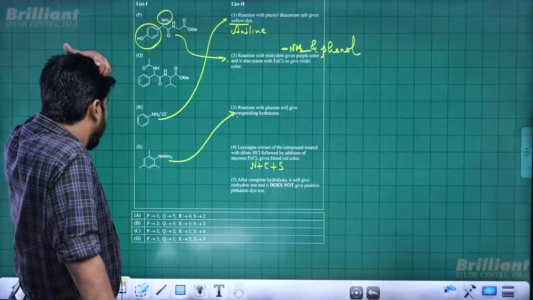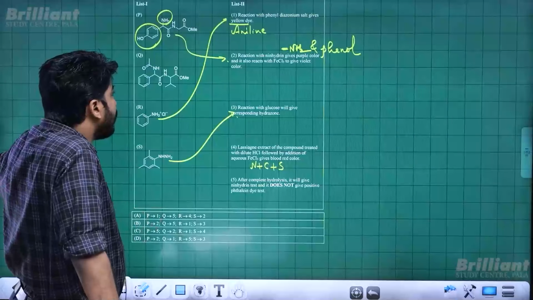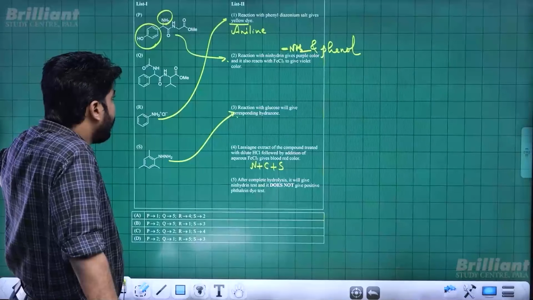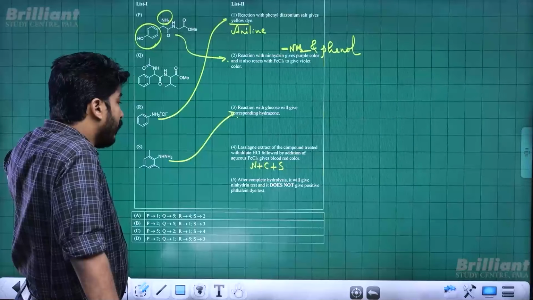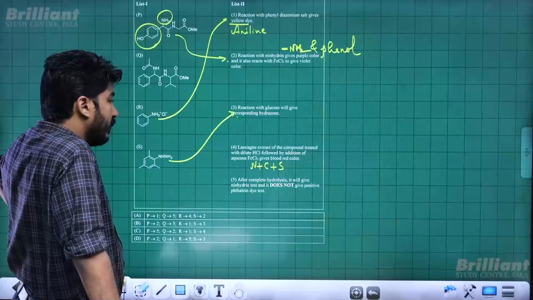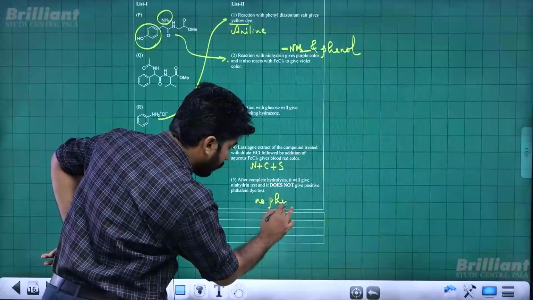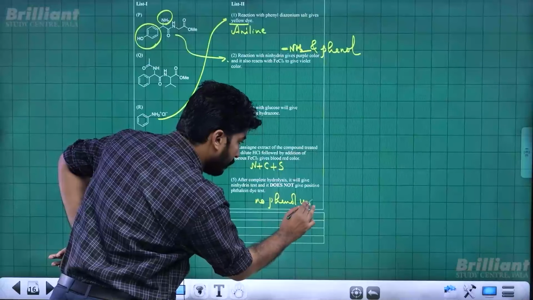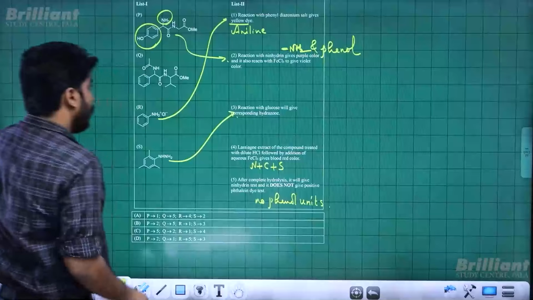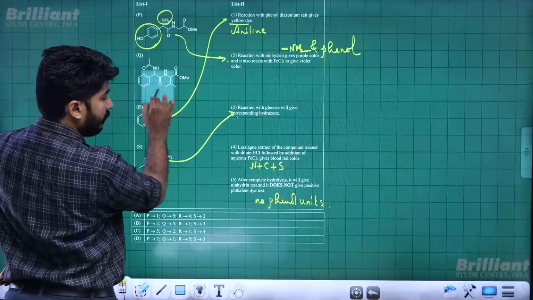It's okay, we are getting amino acids from hydrolysis. After that, it does not give a positive phthalate dye test. That means it is not generating any phenolic units. No phenol content. So it has to be the peptide Q.